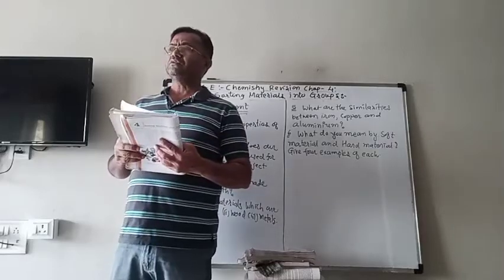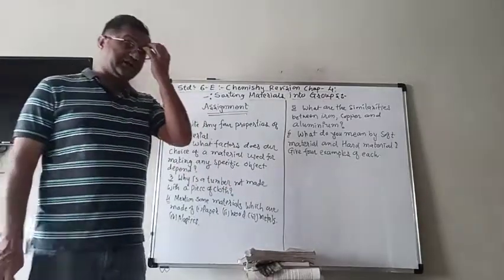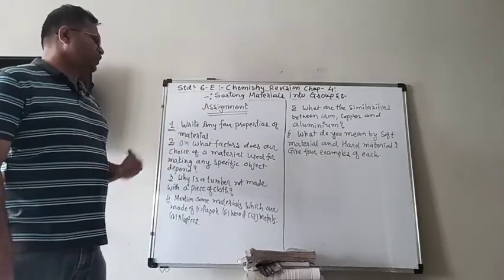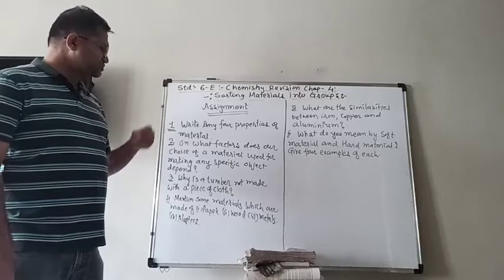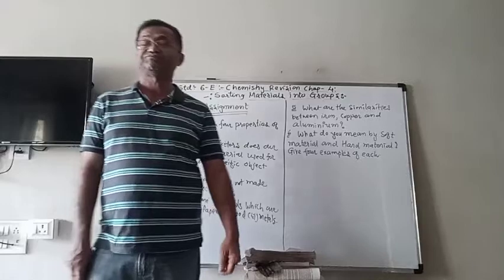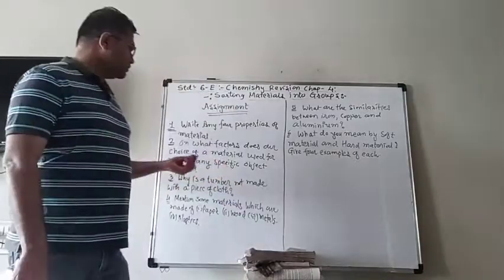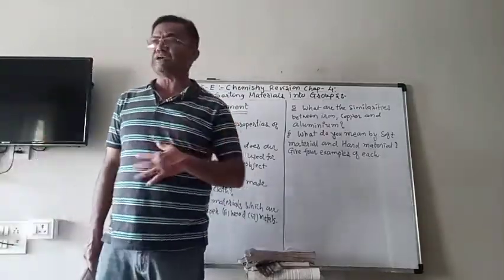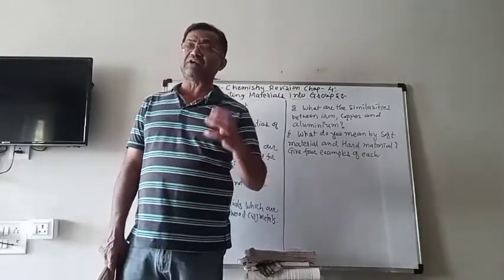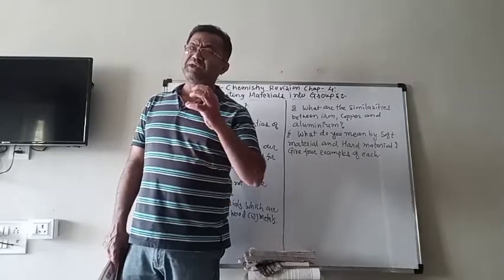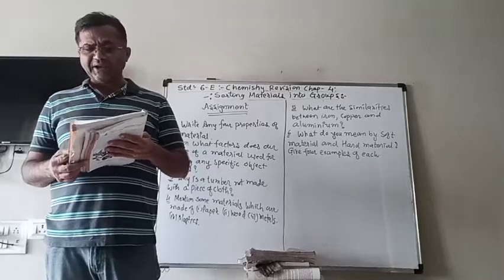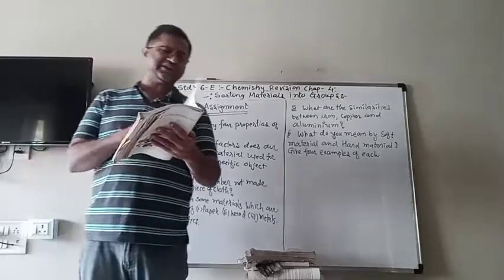Now, the second question is: on which factors does our choice of a material used for making any specific object depend? When we want to make a specific object, we cannot make it from any type of material, but we have to choose a specific material, which depends on some special characteristics.